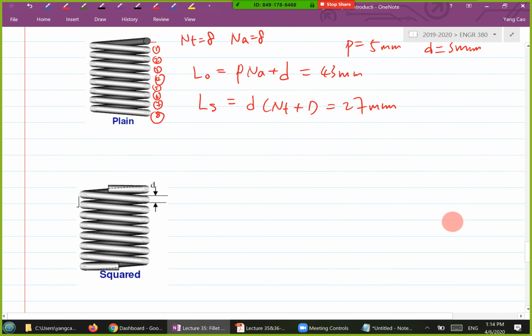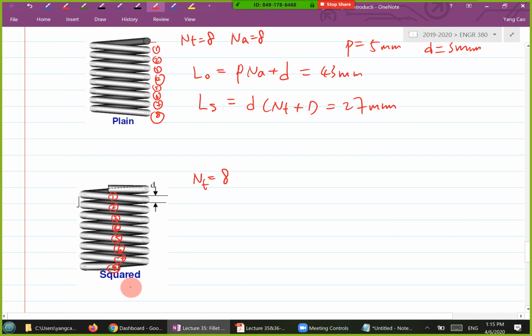And let's look at this squared one here. Again, count the total number of coils, starting from the beginning and moving 360 degrees each time: 1, 2, 3, 4, 5, 6, 7, 8. Eight coils, so NT equals 8.